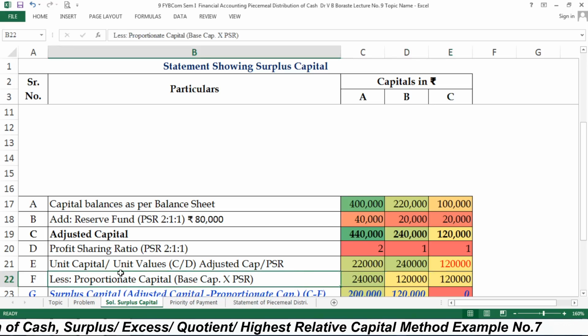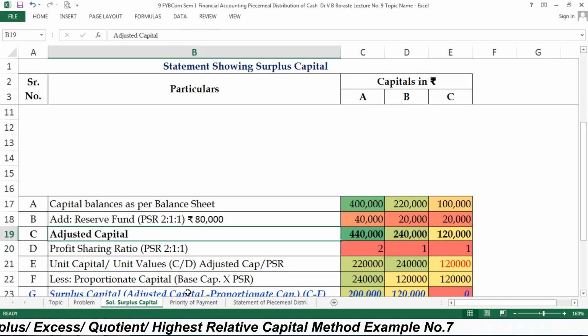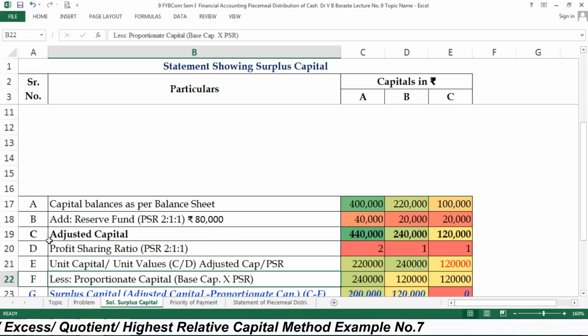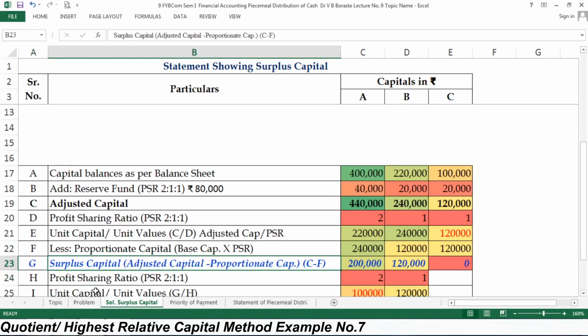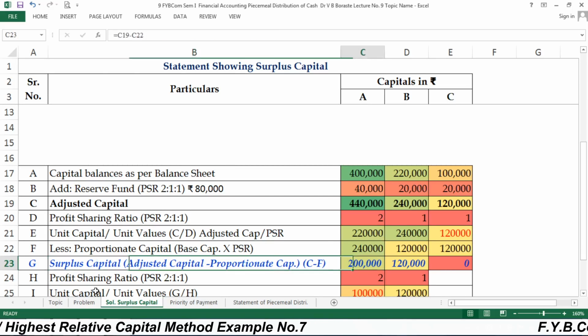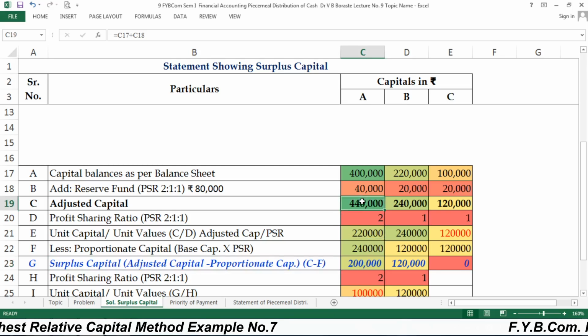After getting the proportionate capital, you can calculate the surplus capital. Surplus capital is adjusted capital minus proportionate capital. So C minus F, equal to 4,40,000 minus 2,40,000, the answer is 2 lakh.